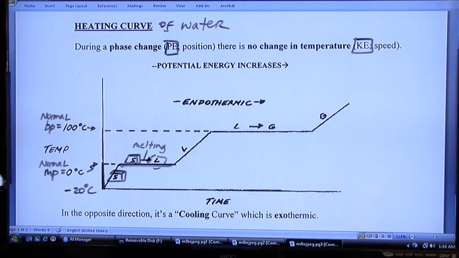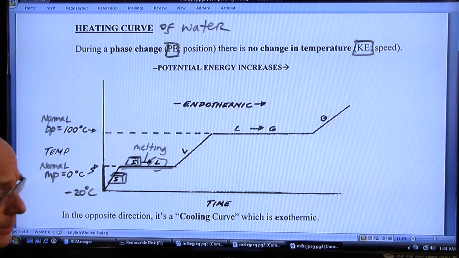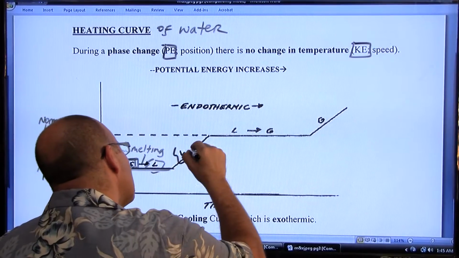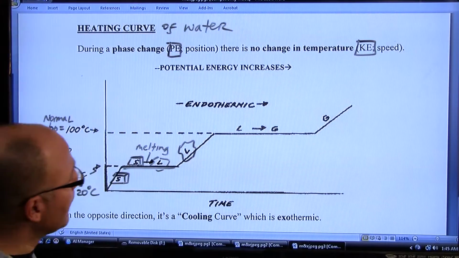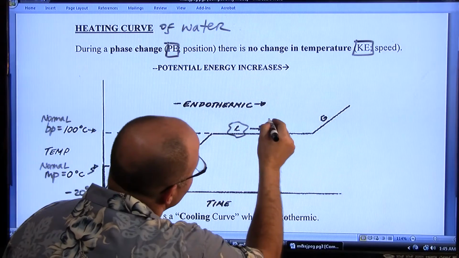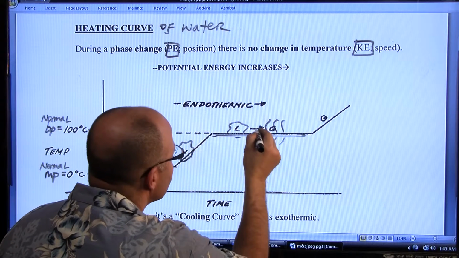And then what happens, after that ice is melted completely, and we have liquid at 0 degrees Celsius, then that liquid will steadily rise in temperature until it reaches the boiling point of the liquid. And the entire time that that water is boiling, turning from water to steam, again, there is no change in temperature.